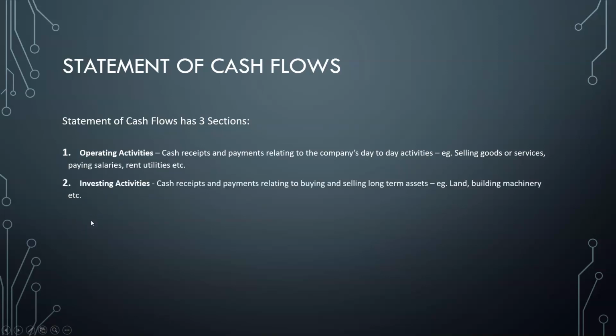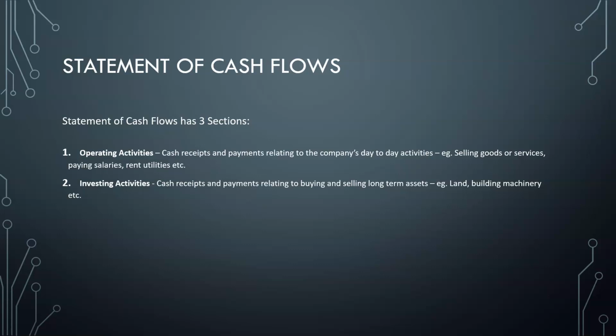The investing activities section only contains one thing. These are cash receipts or payments relating to buying and selling long-term assets. When we say long-term assets in accounting, these are assets that are going to be used by the business or provide a benefit to the business for longer than 1 year.